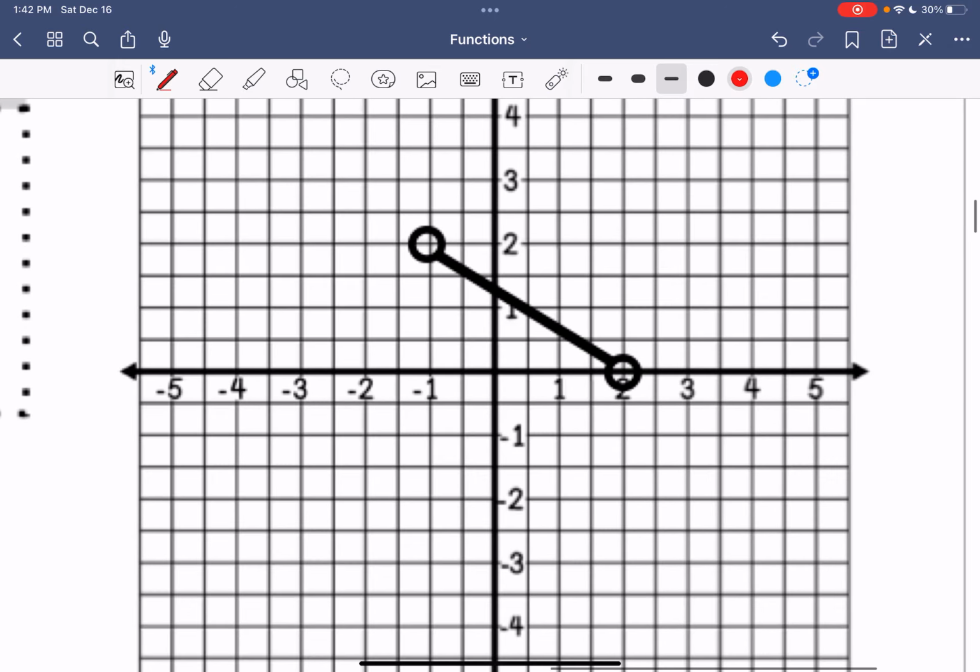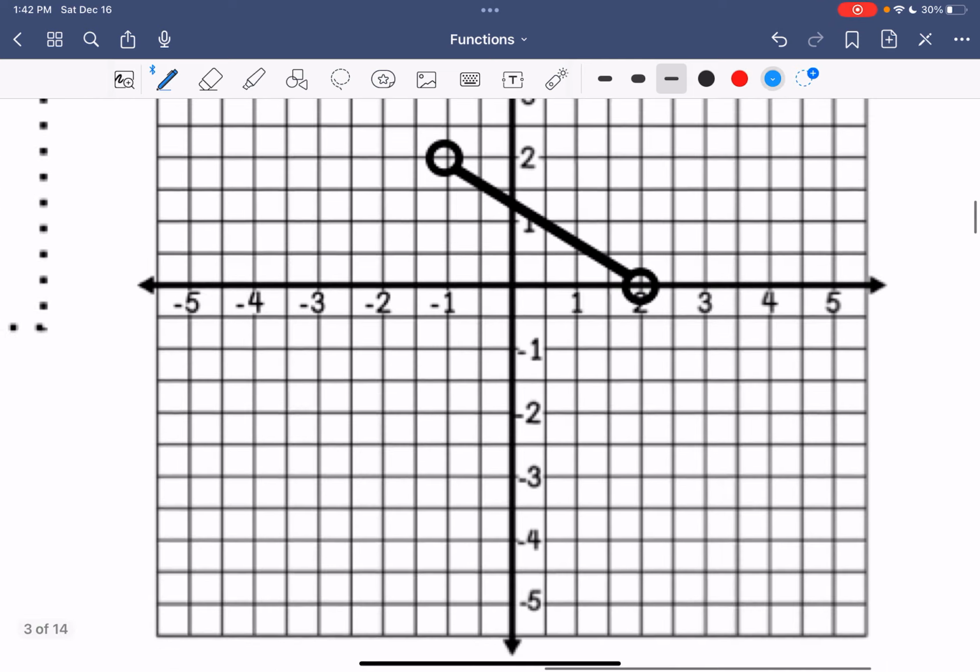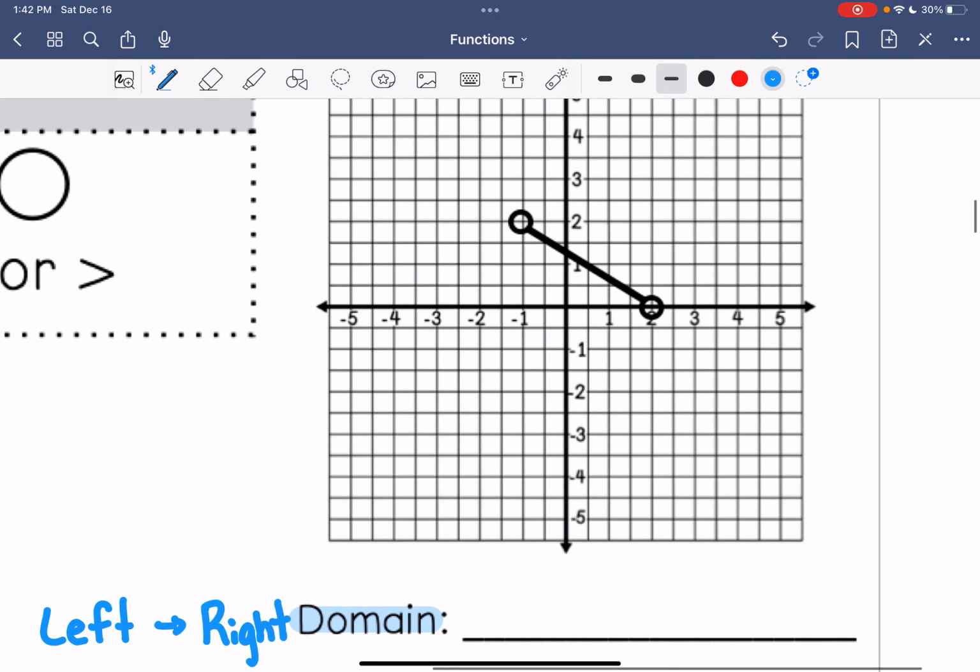So let's take a look at our graph and try to measure it. Try to find all of the x values and all of the y values that our graph uses. So again, domain, measuring left to right, how big our graph is left to right. I see that my graph goes all the way on the left to -1. And I see that moving right, my graph goes all the way to the right and stops right there at x equals 2. So I will take both of these values that my graph goes to on x, -1, all the way to 2.